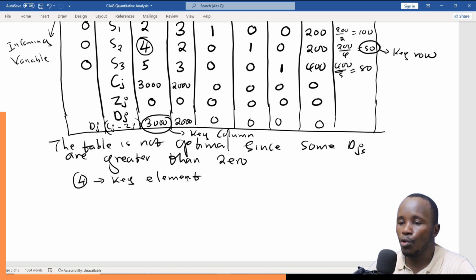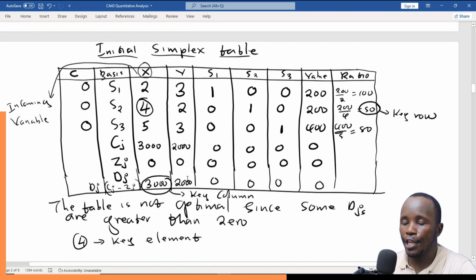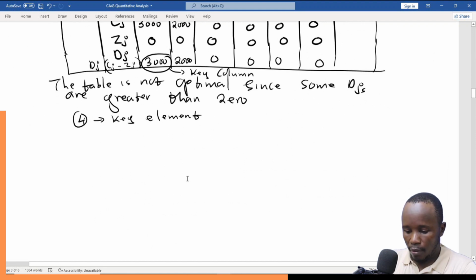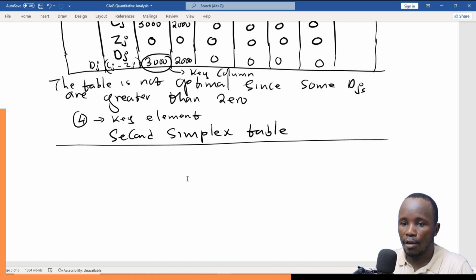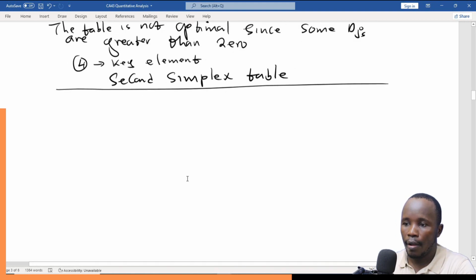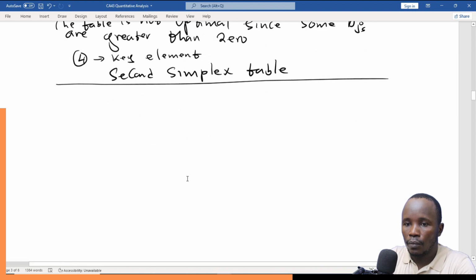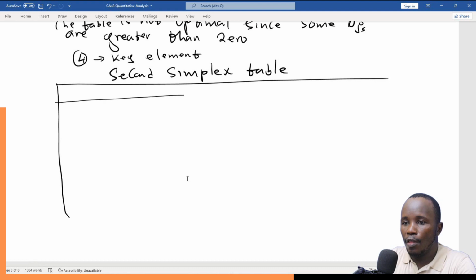Now, having identified those items, I'm in a position to draw the second simplex table. We come here and draw a second simplex table. The values in my first simplex table are not going to change.